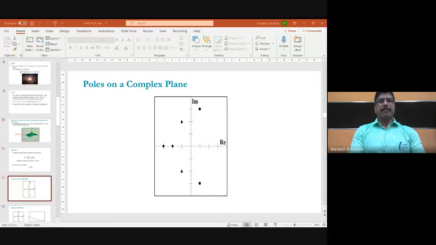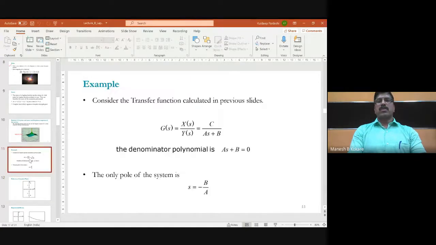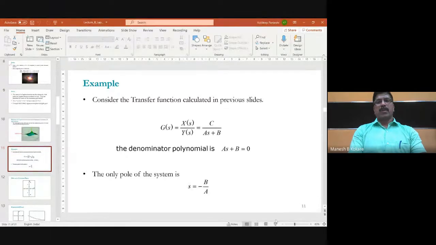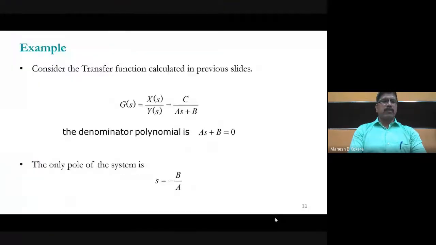Somebody? Slide number 11. After that it was okay. Fine. Okay, so this was slide number 11, right? Is it visible to everyone now for the board view?